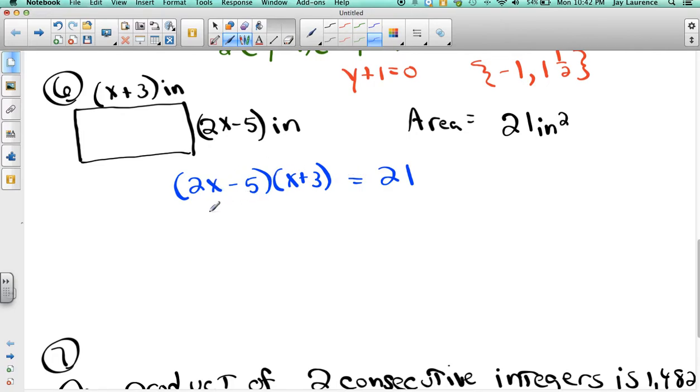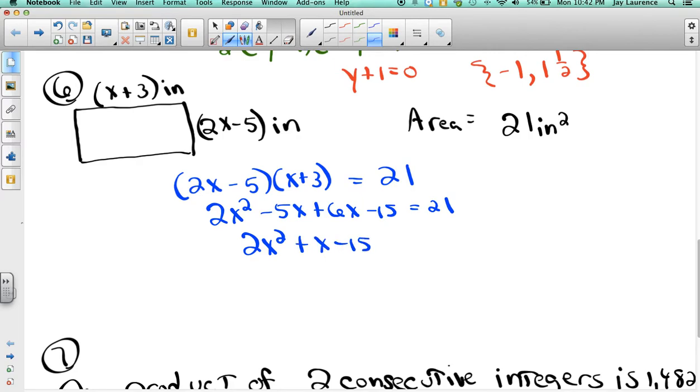So I'm going to double distribute here. I'm going to get 2x squared. Let's see, I'm going to get a minus 5x and a plus 6x minus 15. That'll equal 21. And I'll combine like terms. I get 2x squared plus x minus 15 equals 21. I don't want it to equal 21. I want it to equal 0.